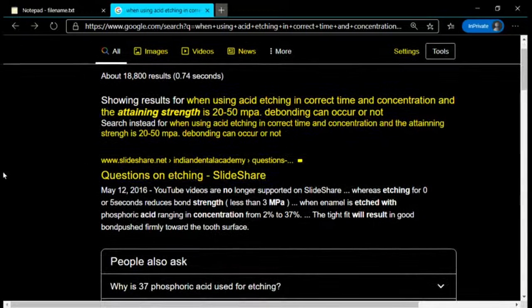Debonding can occur or not. Well, this is what we will be discovering. We'll see if we can know if debonding can occur or actually not.